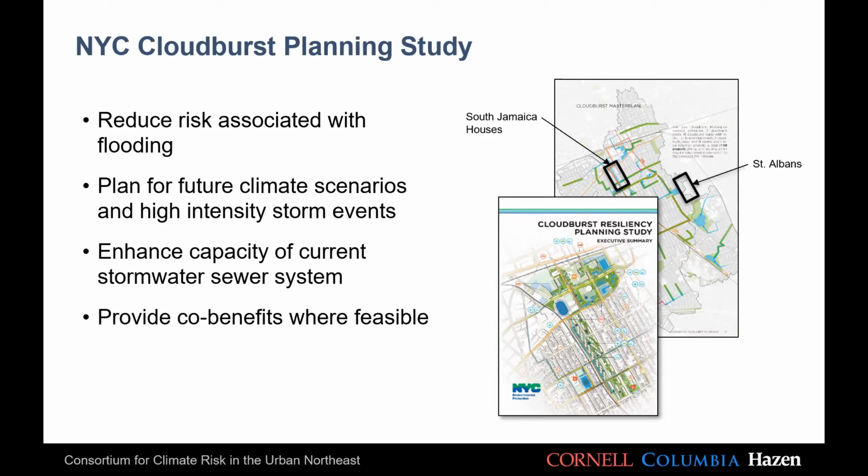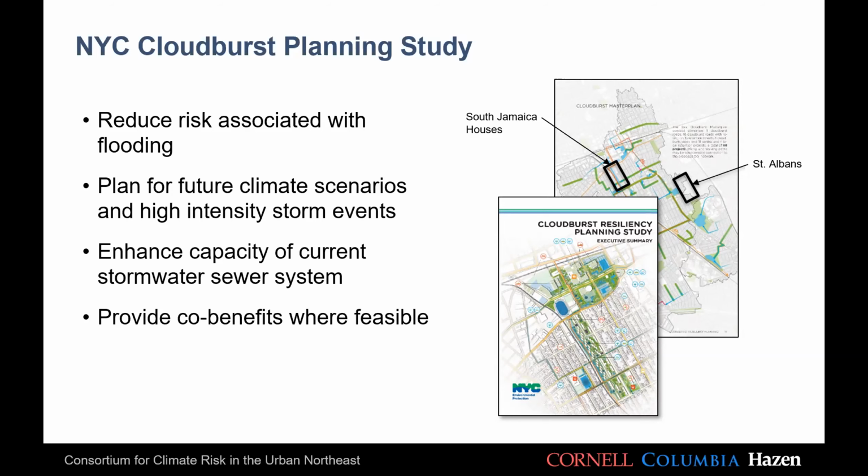And although Copenhagen and also Rotterdam have implemented these cloudburst management plans wholesale for their entire cities, New York City was a little more cautious. They wanted to pilot this approach before committing to a wholesale initiative. And the two areas they chose out of Southeast Queens are what's referred to as South Jamaica Houses and a neighborhood called St. Albans.